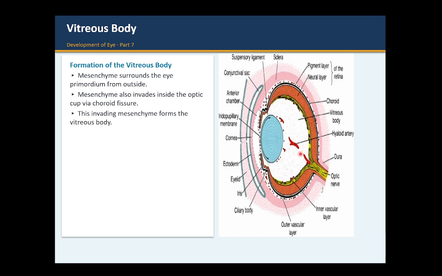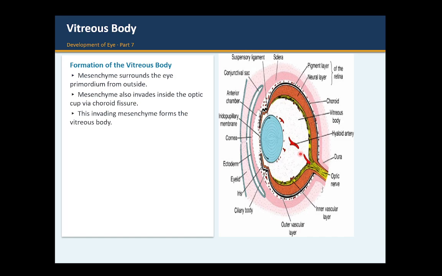The primordium, which was moving forward from the forebrain, this optic stalk, is going to become the optic nerve. The hyaloid groove is going to close, become a tunnel, and the proximal part of the hyaloid artery will remain, and that will convert into the central retinal artery.